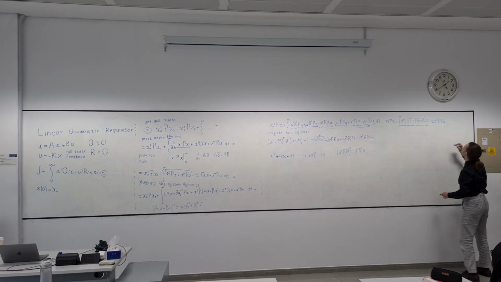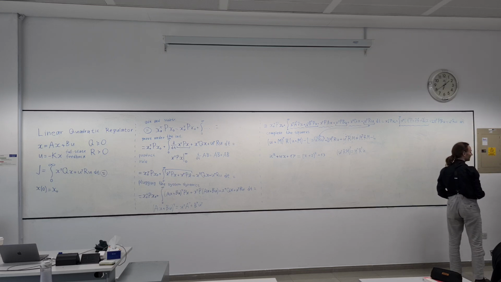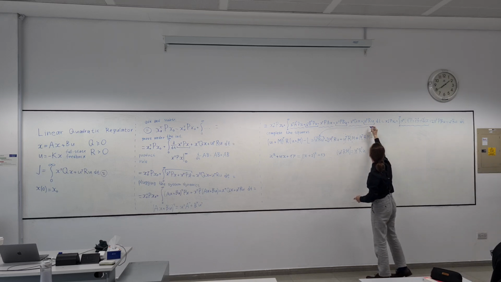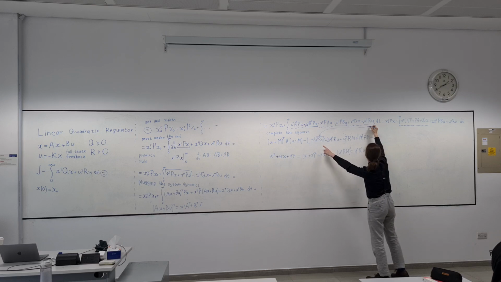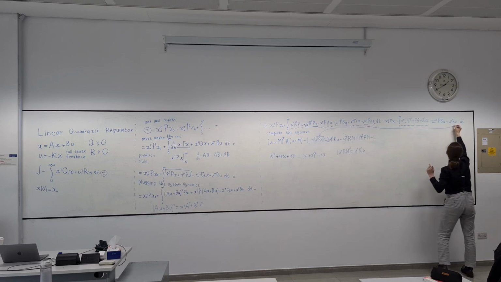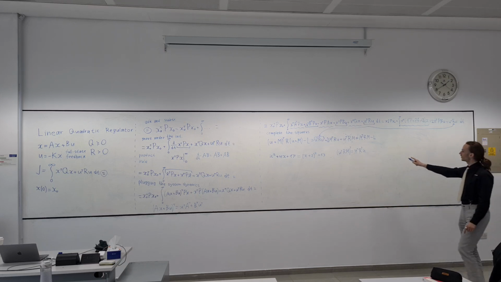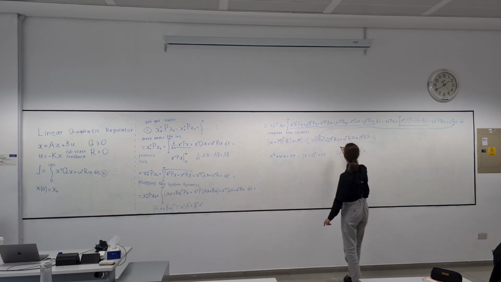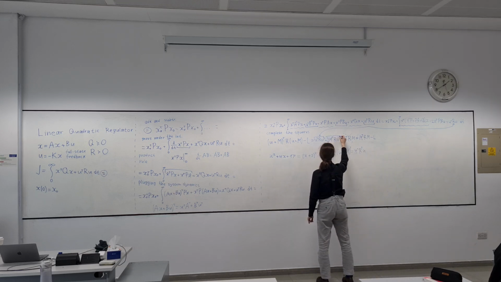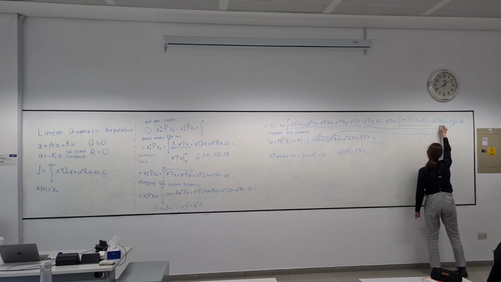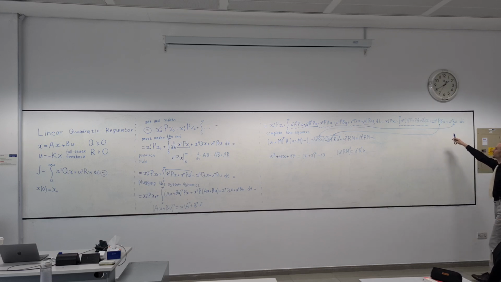Let's write U transpose R here. And this thing from the expansion corresponds to the very last element under the integral, and this thing over here is going to correspond to this thing over here. You see, because it has U in the end.